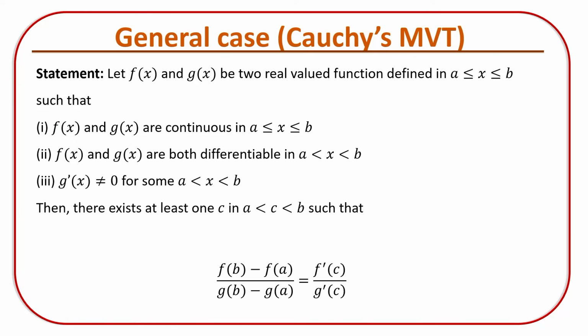And what was the Cauchy general case for the mean value theorem? There were two functions f(x) and g(x), both continuous in a closed interval and both differentiable in an open interval. And we assume that g'(x) is not equal to 0 throughout the interval (a, b), that is, either less than 0 or greater than 0.